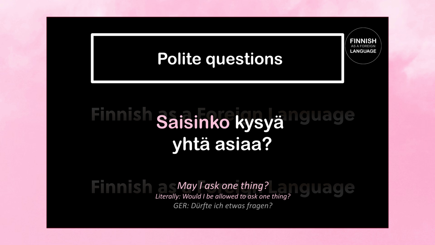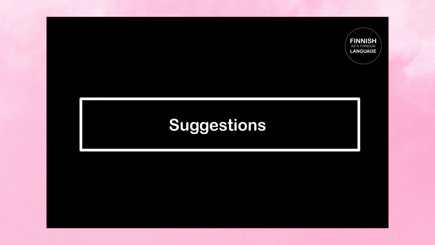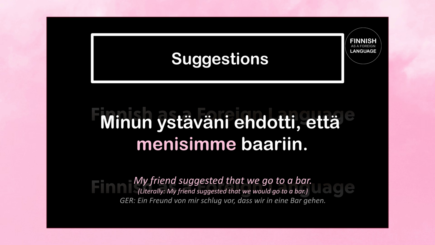Next one, we can also use the conditional in order to form suggestions. For example, minun ystäväni ehdotti, että menisimme baariin, means my friend suggested that we go to a bar. So let's go step by step. Minun ystäväni means my friend. Minun means my.